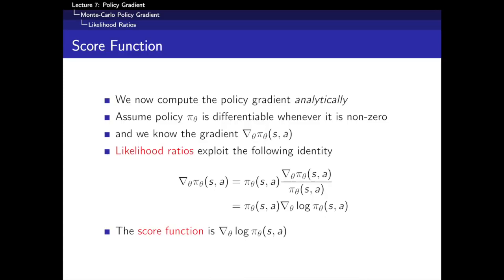Okay? That's just straightforward calculus. And this term is a very familiar quantity from statistics and machine learning. It's sometimes called the score function. If you were doing something like maximum likelihood learning, this is the term which would come up. If you were just trying to maximize the likelihood of some action A, which someone gave you, you would follow this gradient.